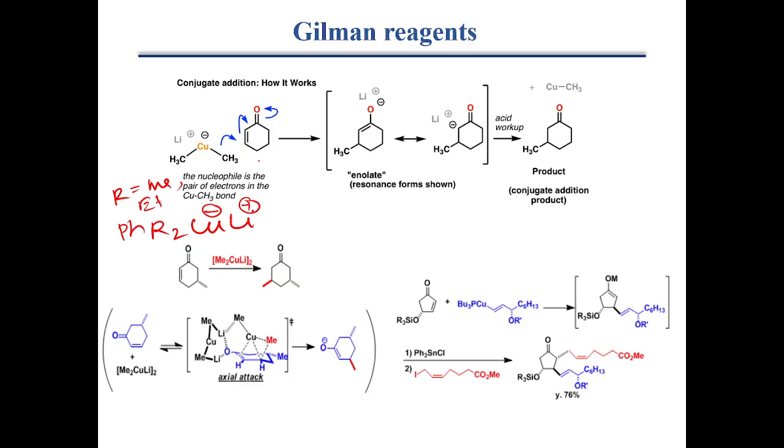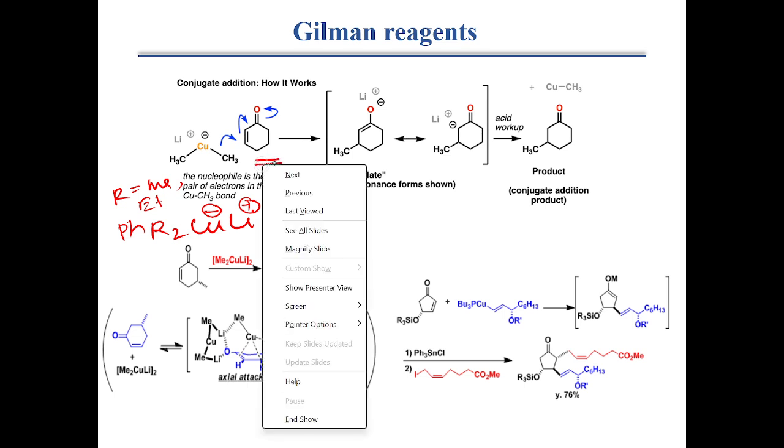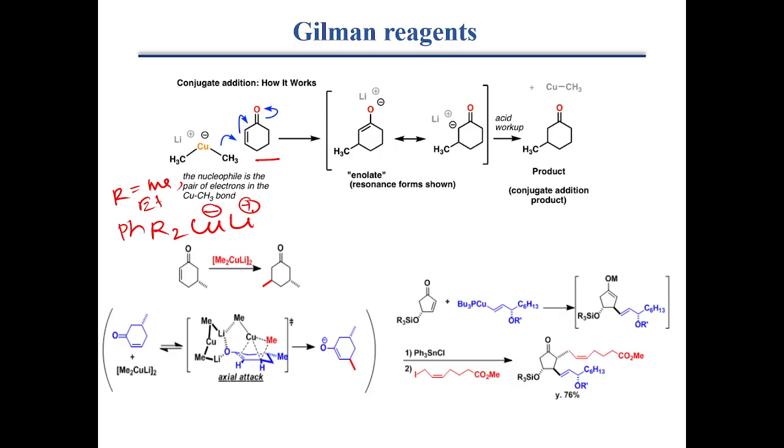In presence of alpha beta unsaturated ketone, what happens in these cases? This kind of Gilman reagent undergoes a 1,4 attack rather than 1,2 attack. So 1,4 attack preferentially happens there.